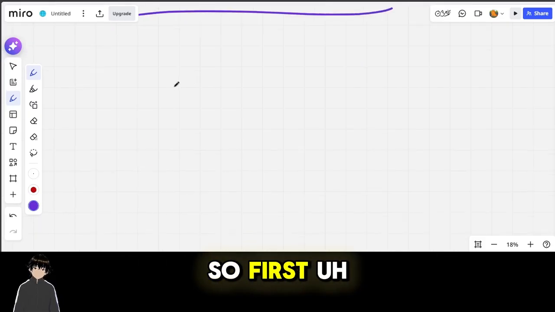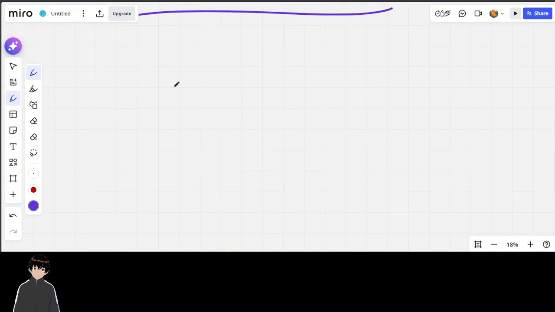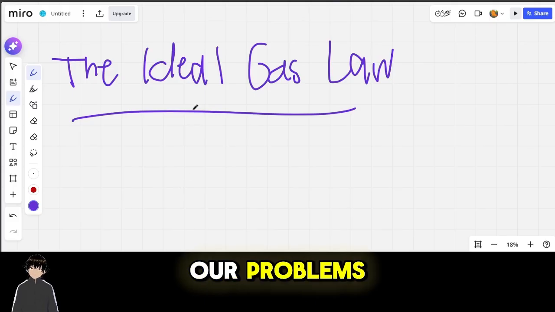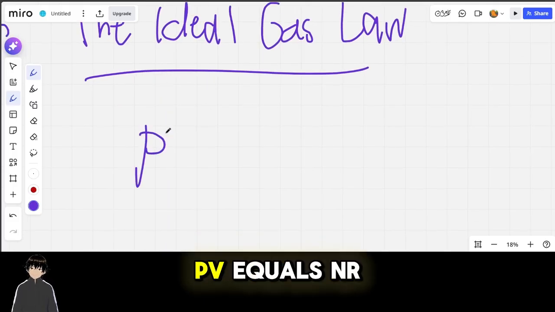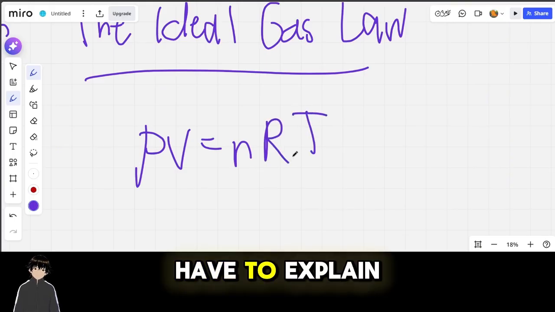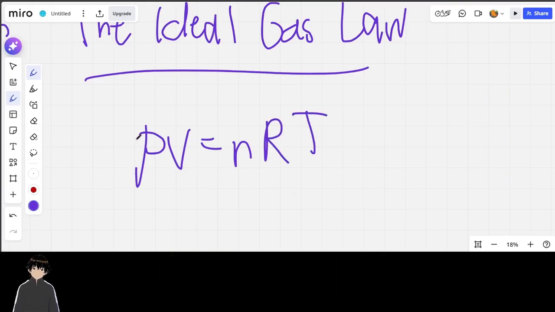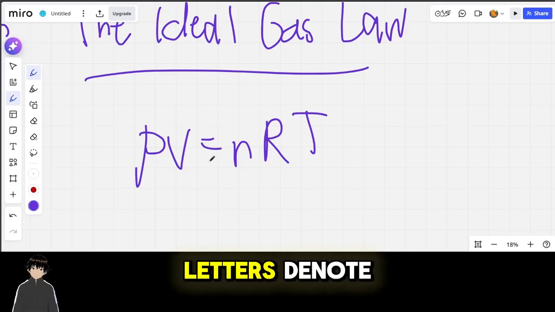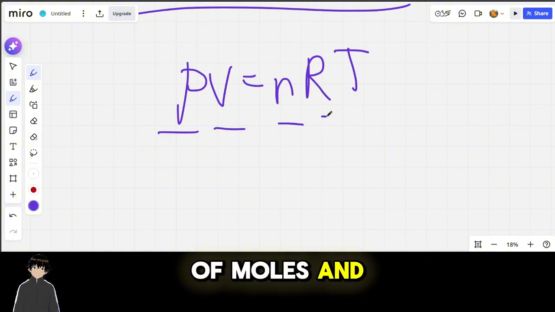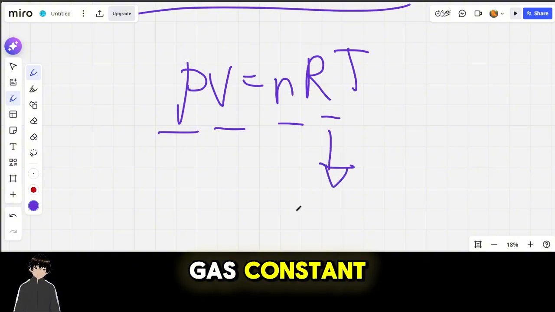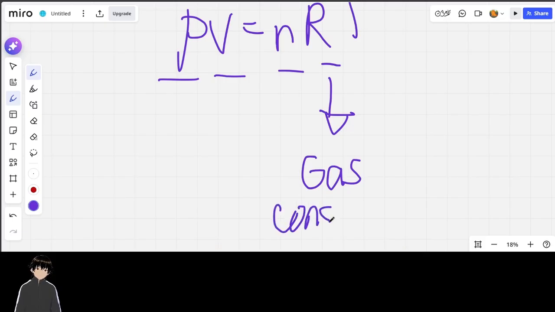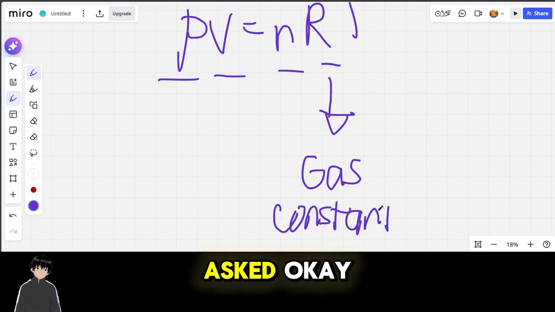So first, we have to know what the formula is in order for us to solve our problems. So we have PV equals nRT. And now we have to explain what these letters denote. So this is pressure, this is volume, this is amount of moles, and this is the gas constant. Take note that the gas constant can change depending on what is being asked.